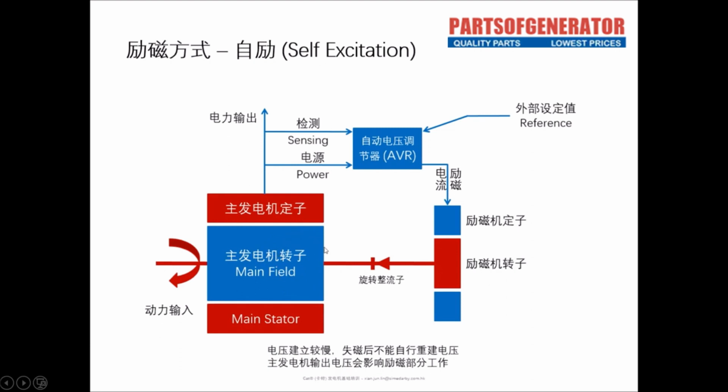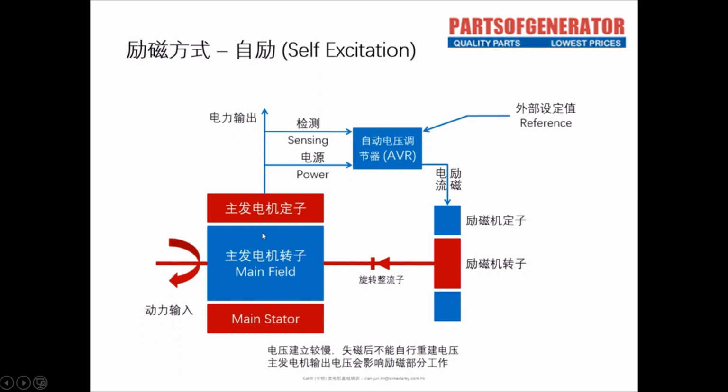The AVR will then excite the exciter generator, which will then excite the main rotor. This will allow the voltage of the main generator to rise again. So in this cycle, the voltage of the main generator is relatively slow to build up.